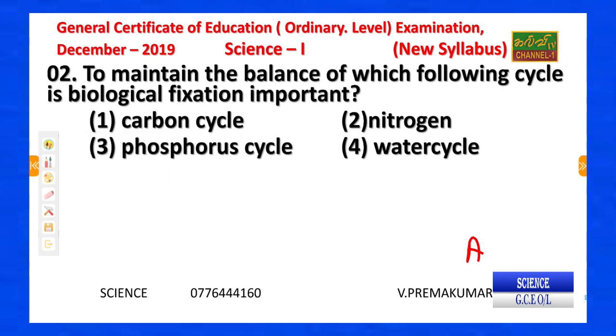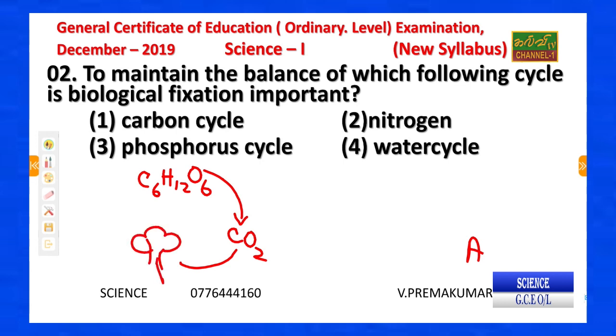So the carbon cycle, for example: C6H12O6, that is glucose. When it's used in respiration, CO2 will come out. Then CO2 goes to fixation in the plant, and it comes again as glucose.